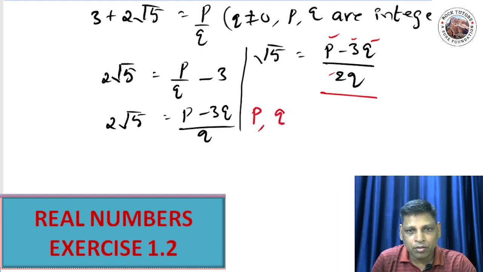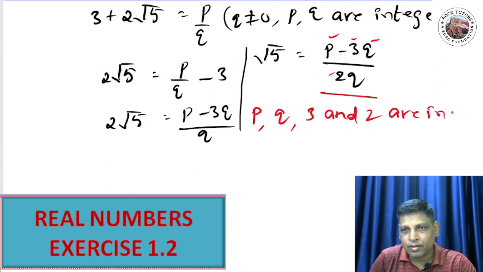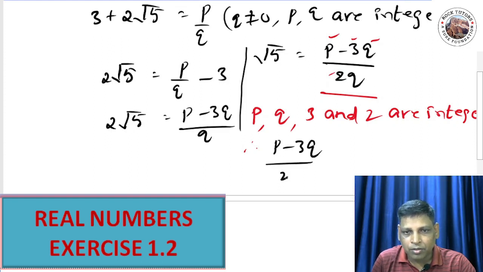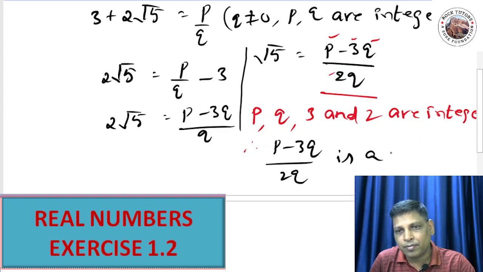Therefore, you can say that p minus 3q by 2q is a rational number.